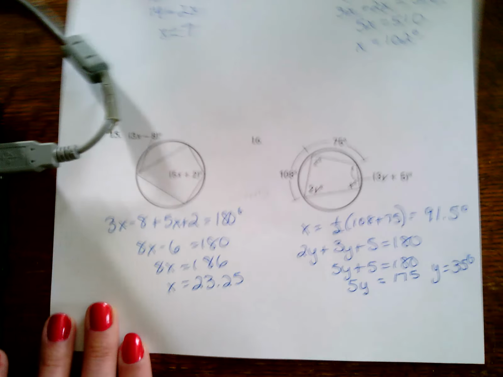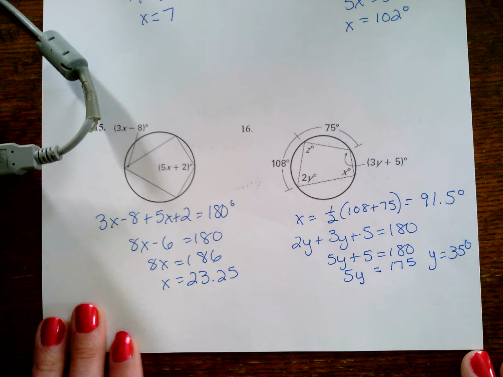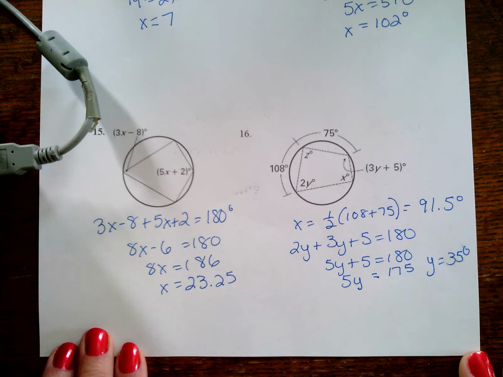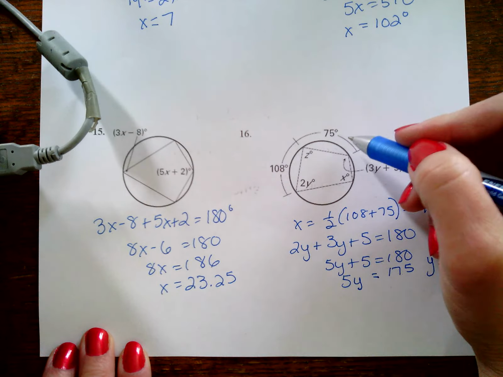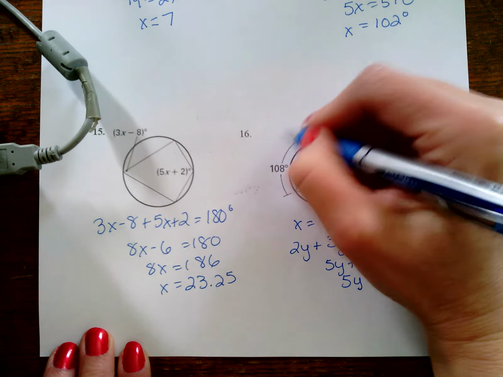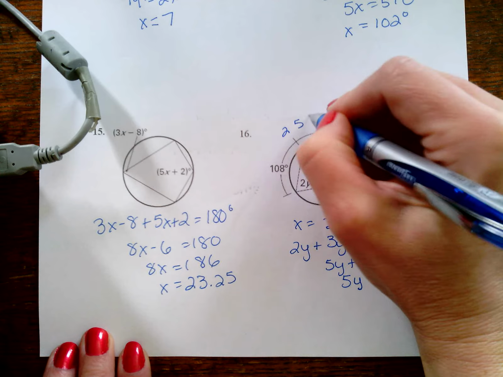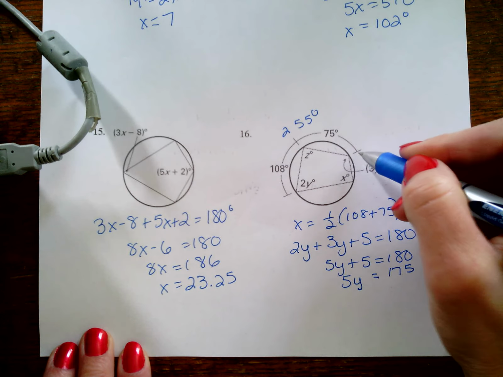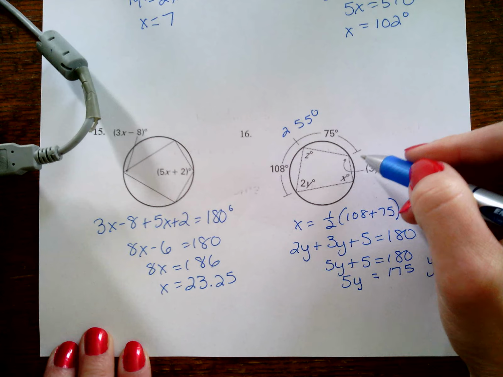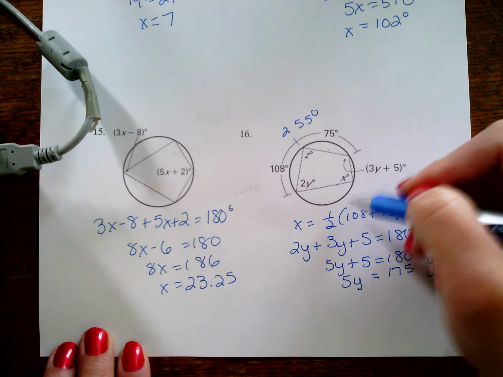All right. Well, I already know that 108 and 75 when I did it here was 255 degrees. Which means the rest of this would be 360 minus 255, right? This piece here is 360 minus 255, so it's 105 degrees.